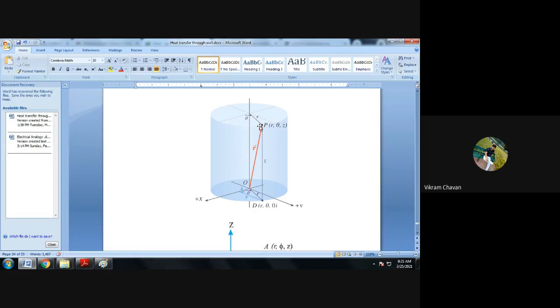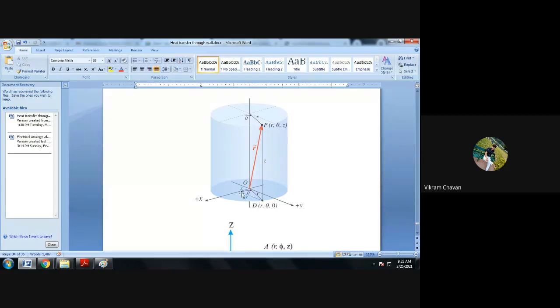Now the middle coordinate is nothing but theta or phi. You can consider phi or theta here. Now, how can one measure the theta or phi coordinate in this cylindrical coordinate system? Once we draw the straight line from the axis to that particular point, it will provide you the r distance.